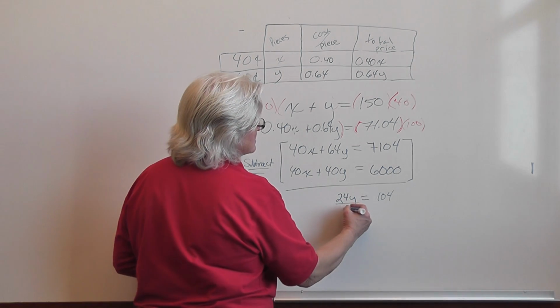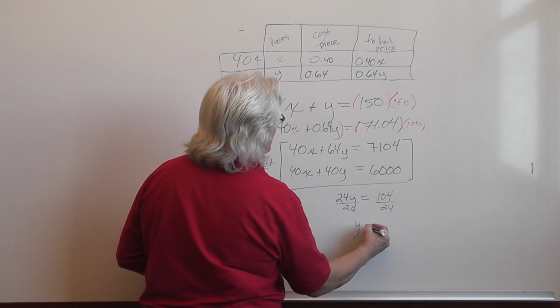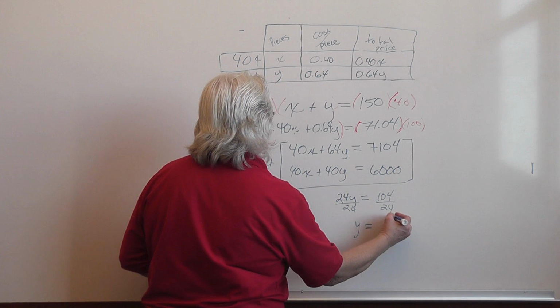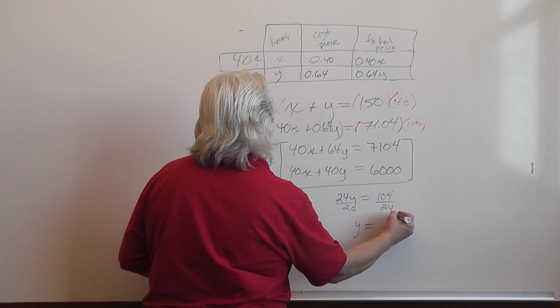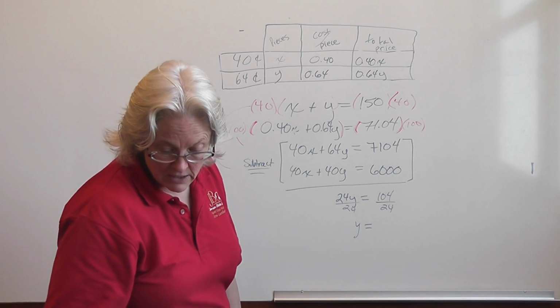You divide both sides of this equation by 24. Easy algebra, I guess. And we see that y is equal to 4. We see that I can't do this arithmetic in my head.